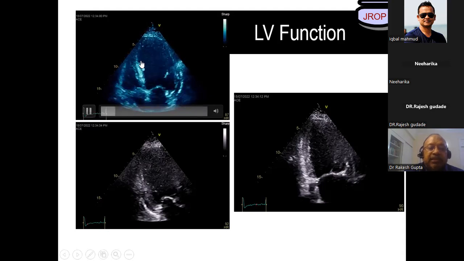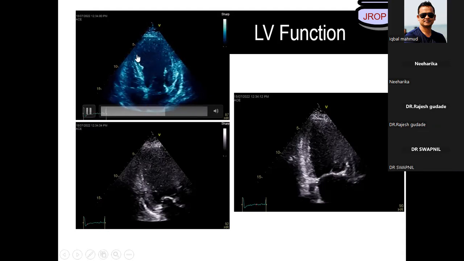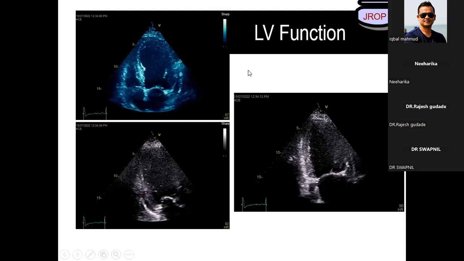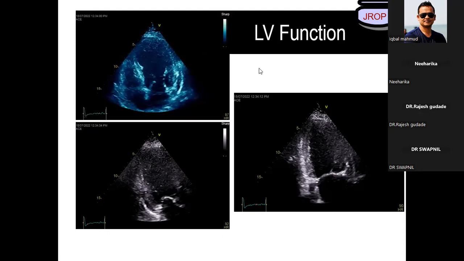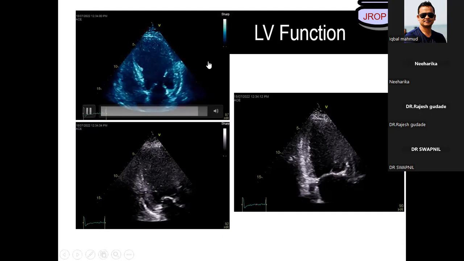The only segment where I can really say that something is seen is the mid or apical part of the septum, which is thinned out and akinetic. That's all. Sir, could there be a clot? That's what I'm saying, I cannot say what part is abnormal. And when we see these kinds of things, obviously we always say that this segment is not visualized.